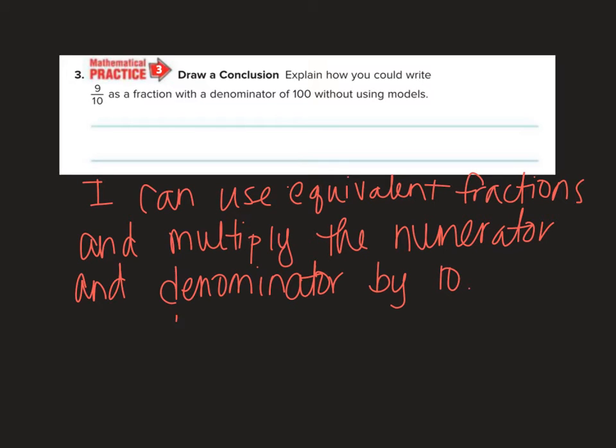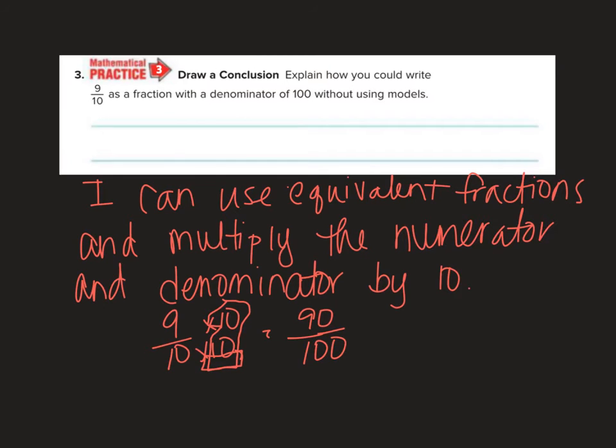So an example would be 9 tenths, if I multiplied by 10, which again is just multiplying by 1, that's my not so fancy one there, I would get 90 hundredths. So now it is a denominator of 100. They're equivalent. They're worth the same amount. We didn't use models. Check.